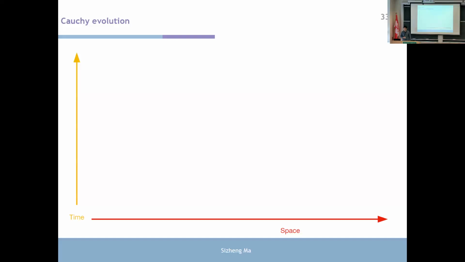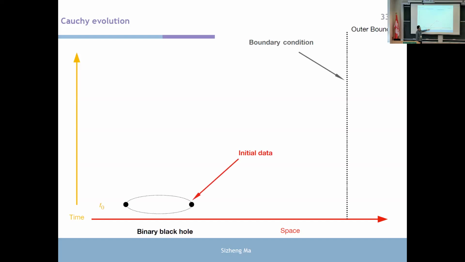As the name implies, we can convert the system to a Cauchy problem by providing some initial data on the first slice and some boundary conditions. We can evolve the metric data forward in time, step by step. For example, in this case, we can put two black holes in an orbit on the first slice and numerically evolve the system to let them inspiral and merge and emit gravitational waves.